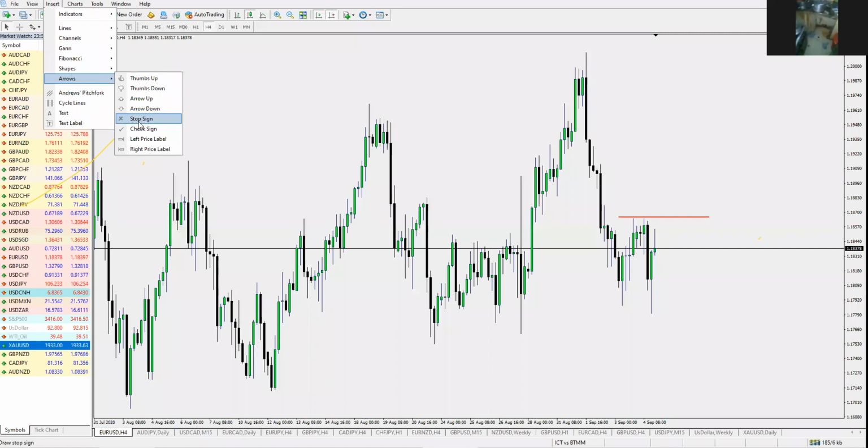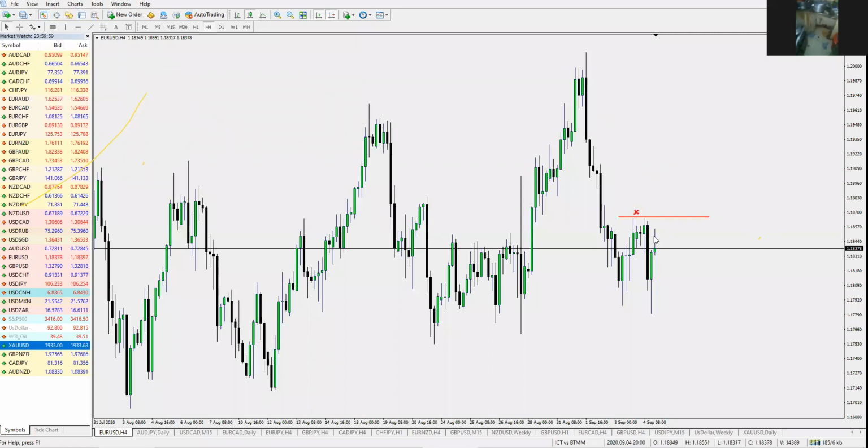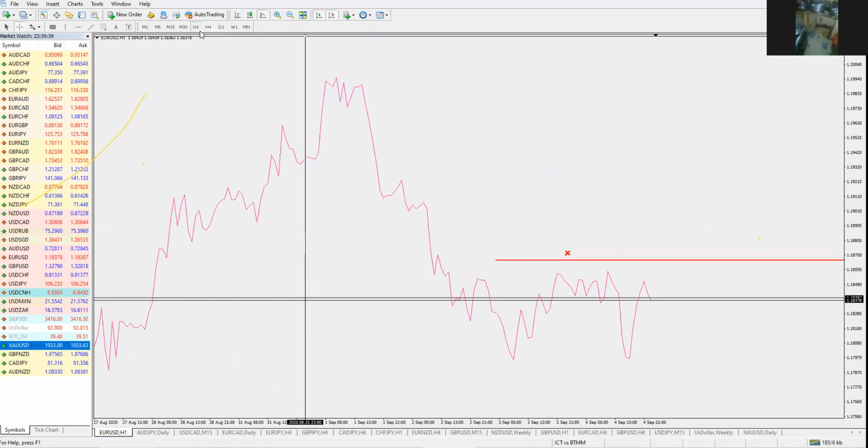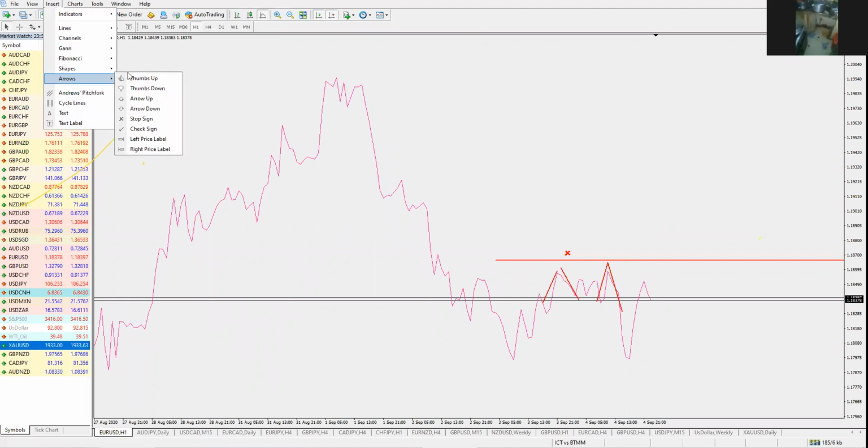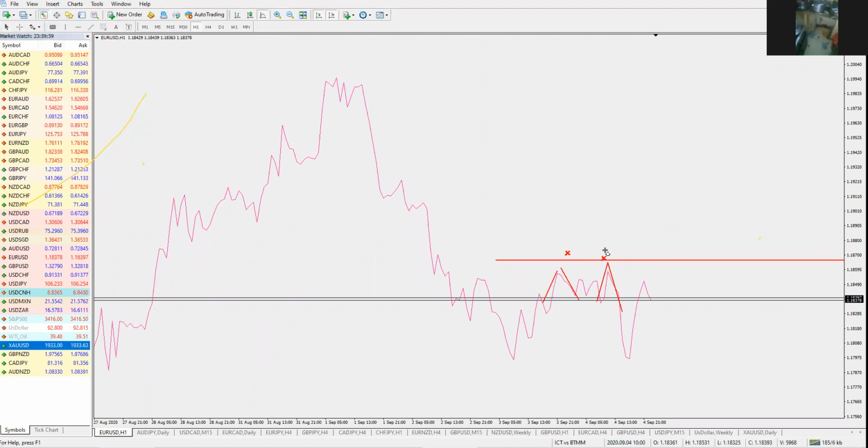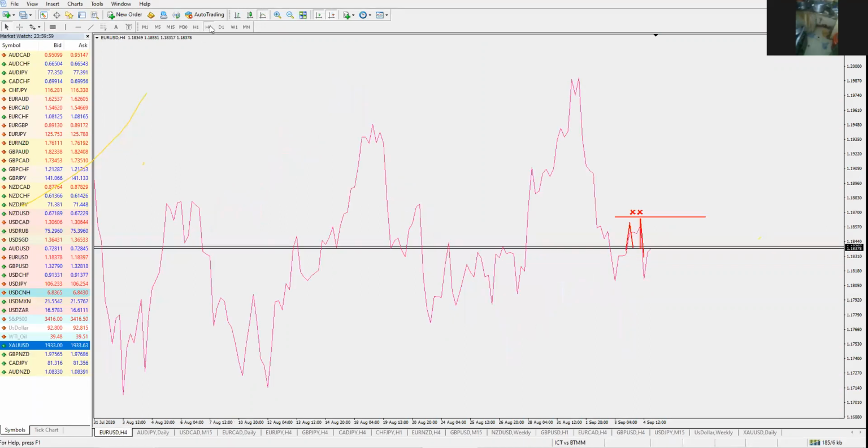So these are current equal highs of price on a 4-hour. If you look at this on a lower time frame, this is retail double tops over here. Retail loves double tops. They sell at double tops over here. So that is a double top, or equal highs as we like to call it. So we essentially know that that is equal highs, and that would be a point of liquidity sitting over there.